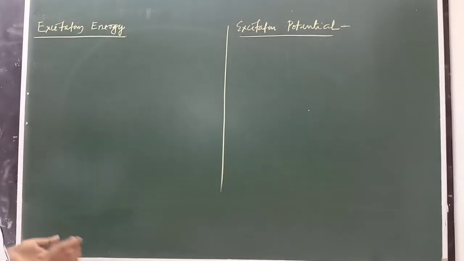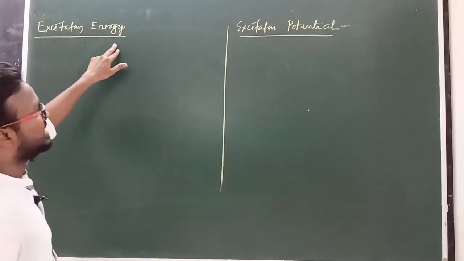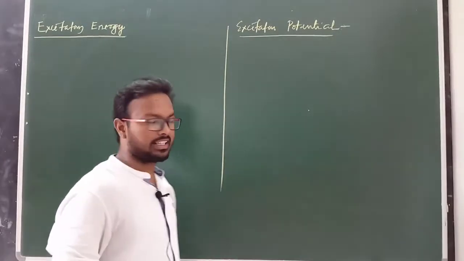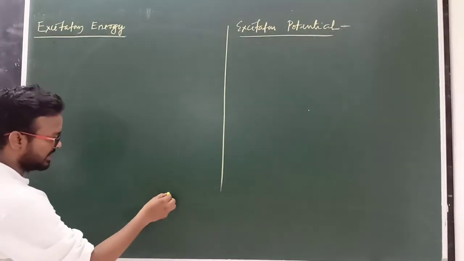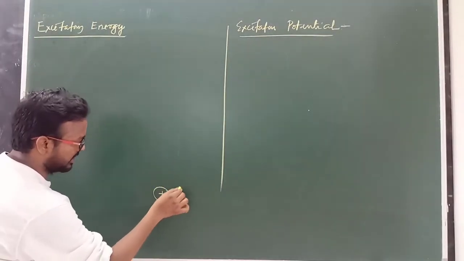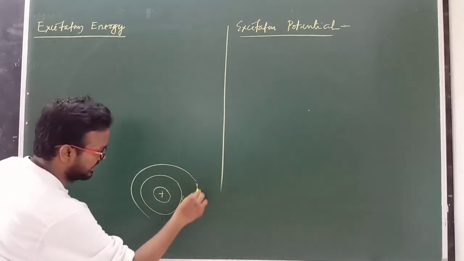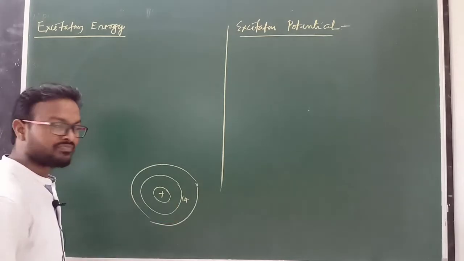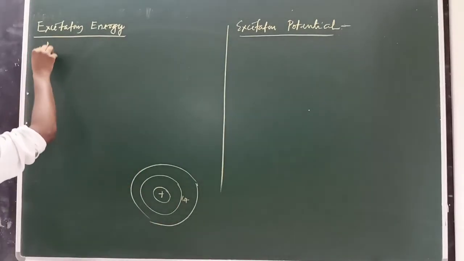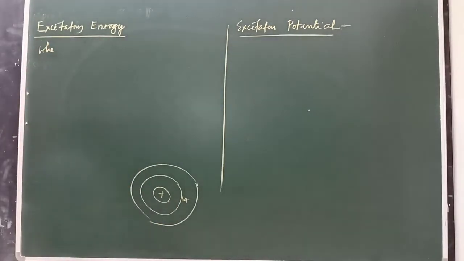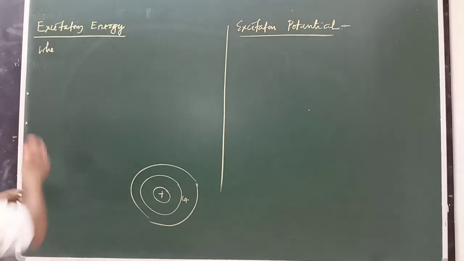Now let's start. There are another two terms, excitation energy and excitation potential. Suppose this is the ground state of the hydrogen atom, this is the first excited state, this is the second excited state, and third and so on.